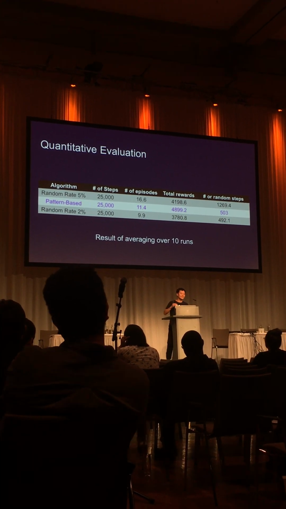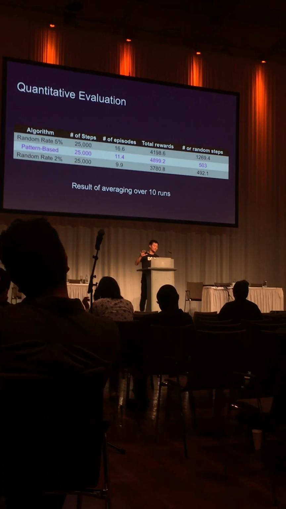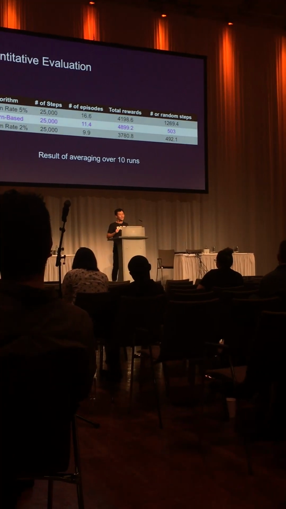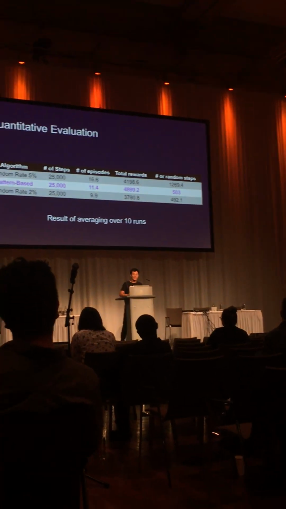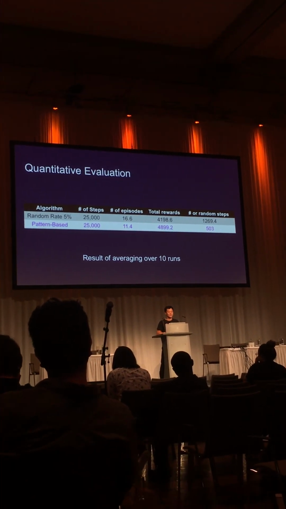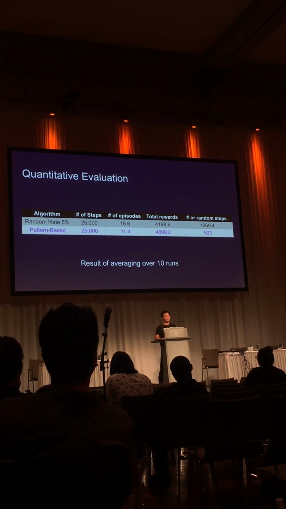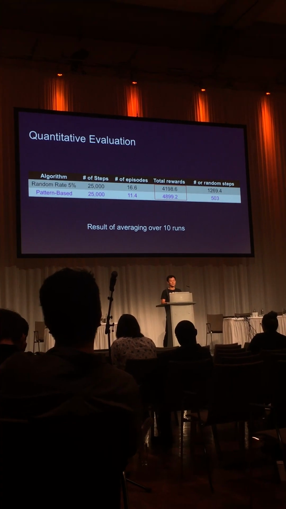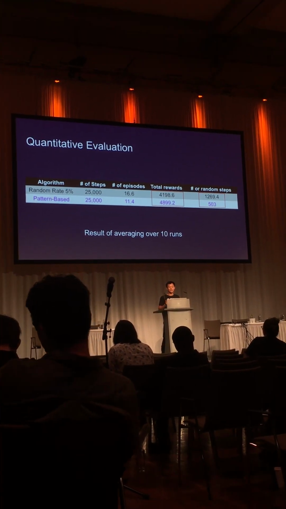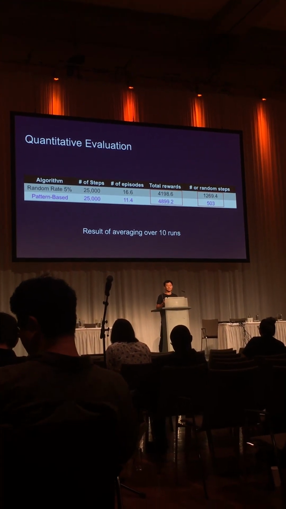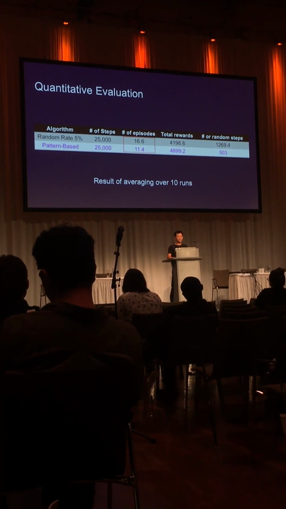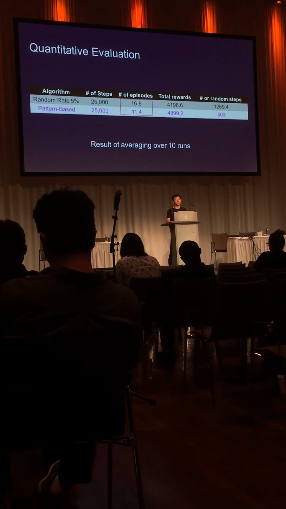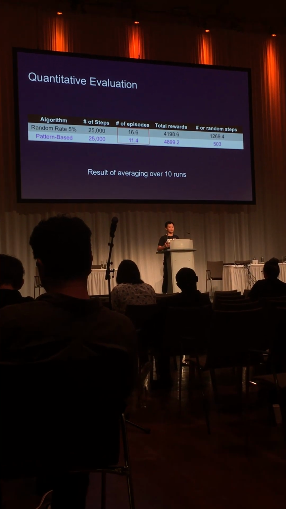The two baselines are random action with 5% probability and also 2% probability. Compared with the 5% probability, we have more rewards, the total points. But if you look at the random actions, we actually have significantly fewer. And we also have fewer episodes, meaning we have less life loss.